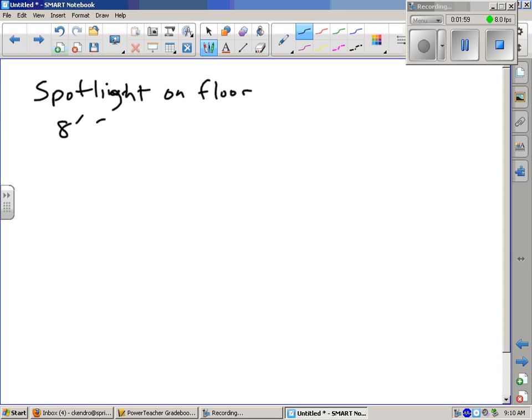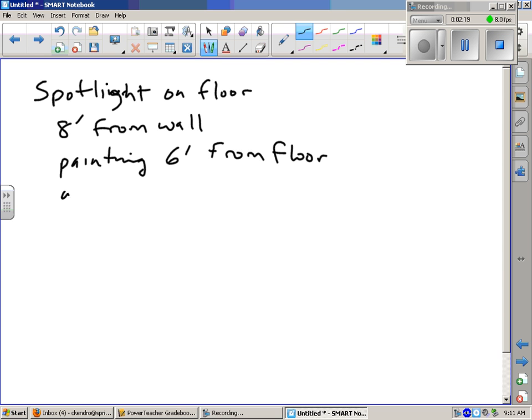It's 8 feet from the wall, and it's focused on a painting that is 6 feet from the floor, and the painting is 5 feet tall. I want to know, what is theta? What is the angle that the light is going to shine up there?